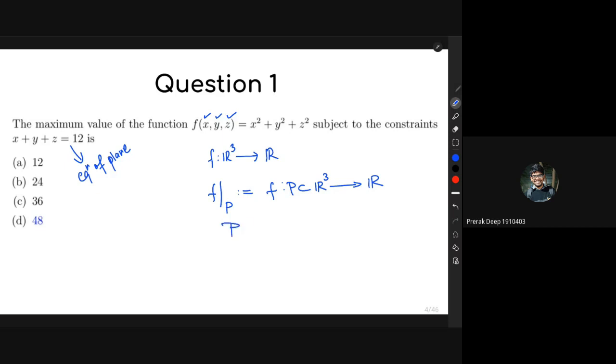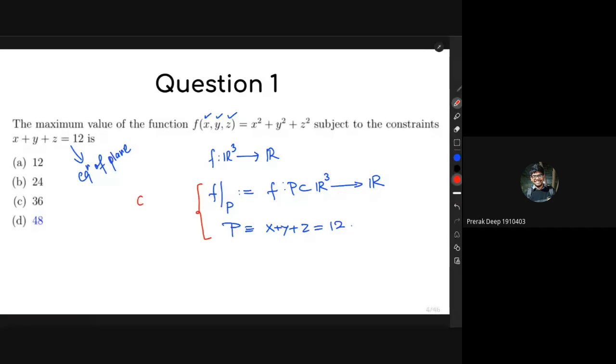And what is P? P is given by the equation x plus y plus z is equal to 12. So that's what the constraint is doing.